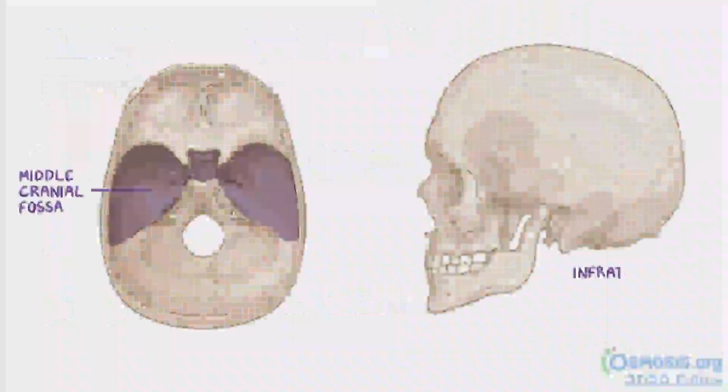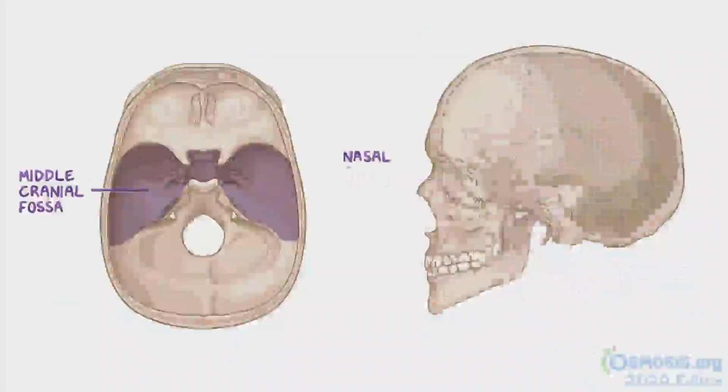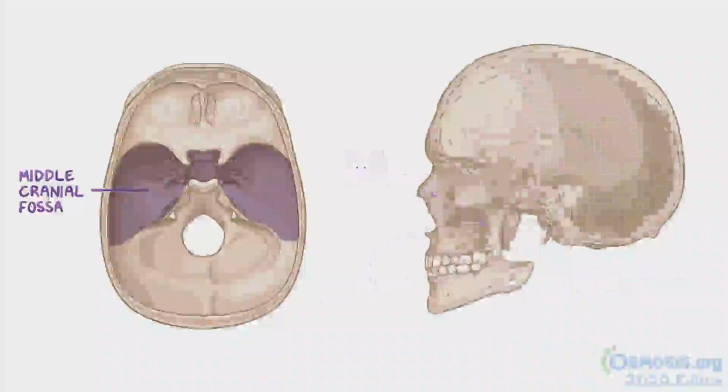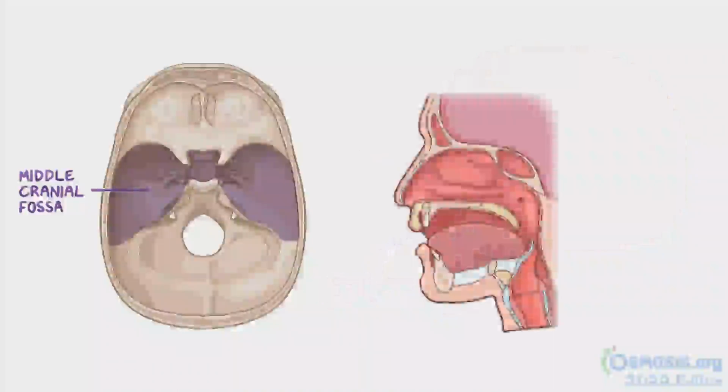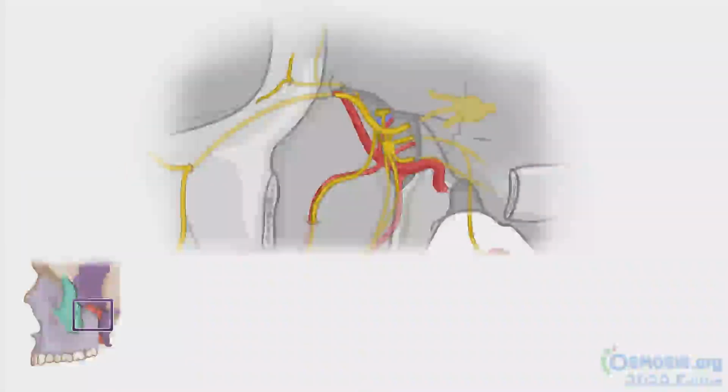This means the pterygopalatine fossa's neighbors include the middle cranial fossa, infratemporal fossa, orbit, nasal cavity, the roof of the oral cavity, and maxillary sinus, and the pharyngeal vault. Now, the pterygopalatine fossa communicates with its neighbors, aka surrounding structures, through many openings.